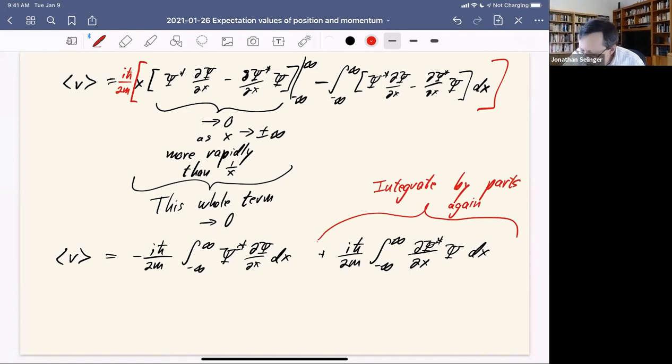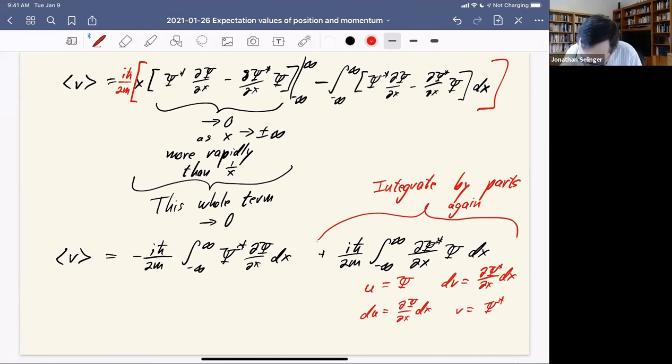For this term, I will let u be psi, and dv be d psi star dx times dx. Then du is d psi dx times dx, and v is psi star.